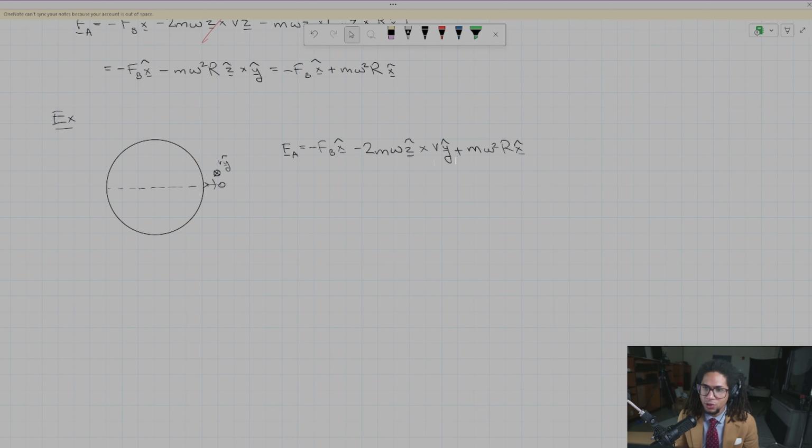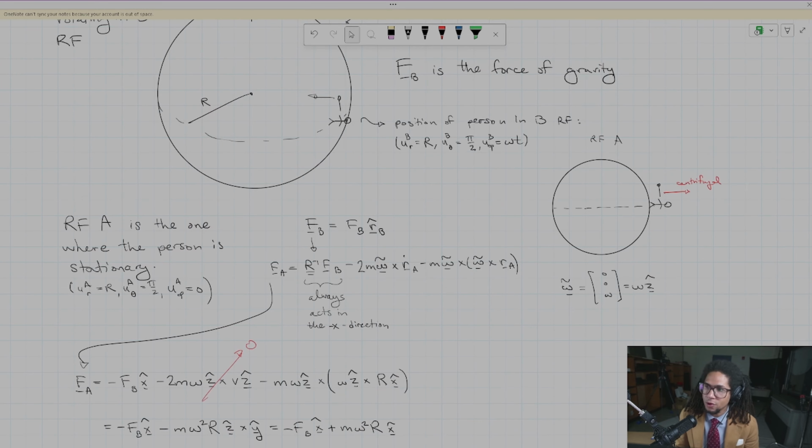Okay, but the Coriolis force does. So let me group all of these x terms. So I have minus FB plus m omega squared r times x hat. And then z hat cross y hat is minus x hat. So that's going to flip this sign, plus 2m omega v x hat. So in this case, all three forces point in the x hat direction. And so we get an even larger force in this direction than we did before.